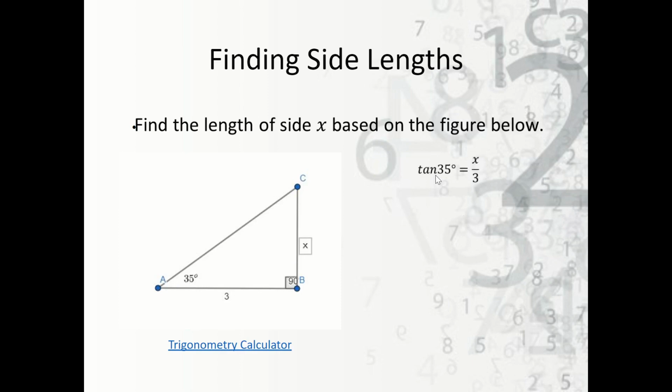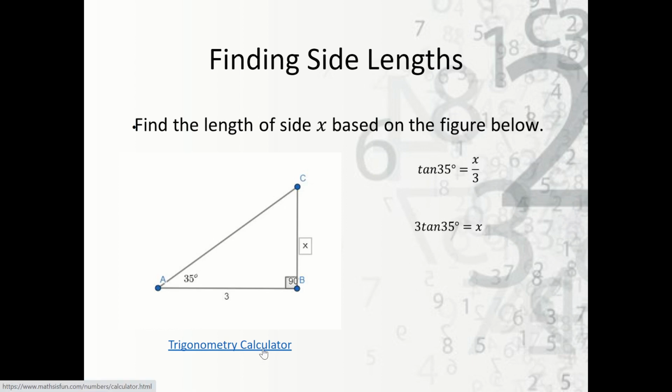So now we know that tangent 35 degrees is equal to x over 3. Now we need to get x by itself, so the 3 is dividing x, and we're going to undo that by multiplying. We multiply both sides by 3, and now we get 3 tangent 35 degrees is equal to x. Now we have x by itself, so we just need to plug this into our calculator.